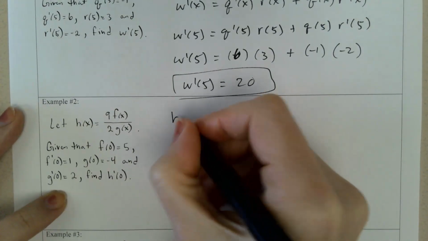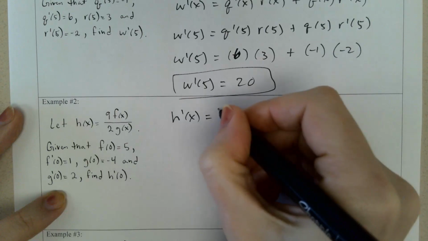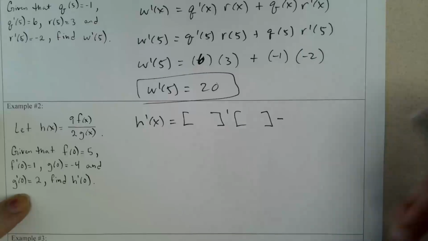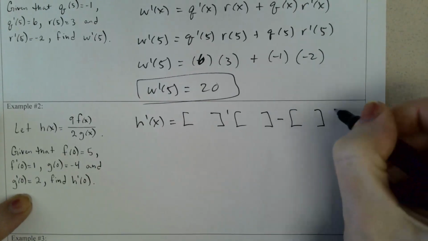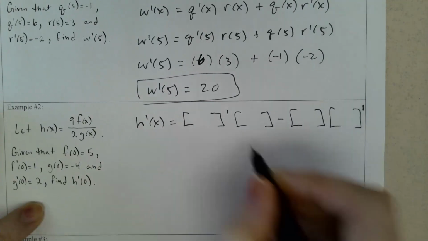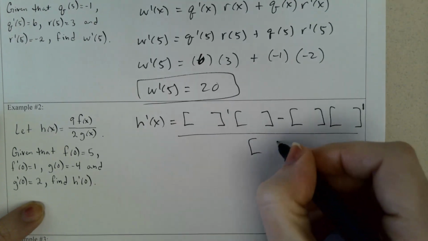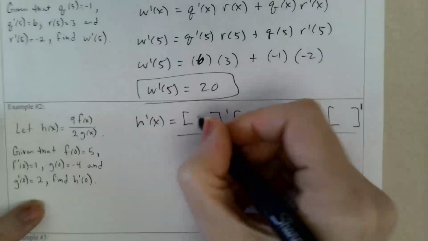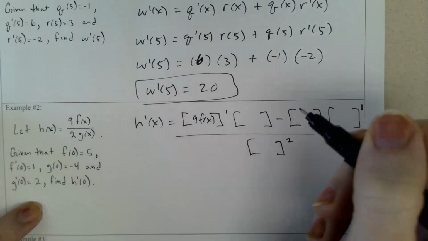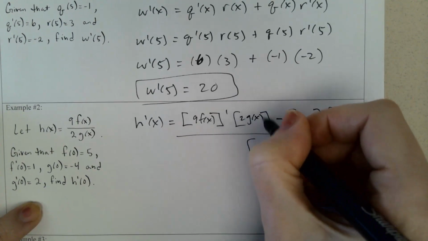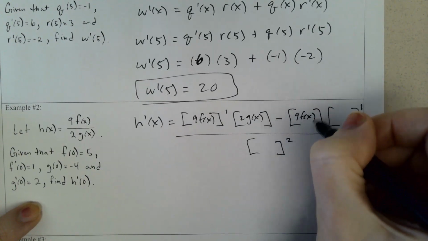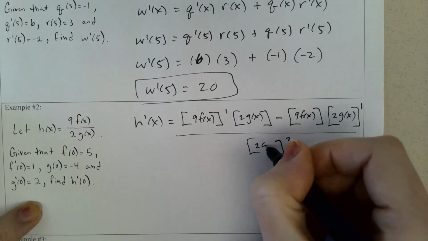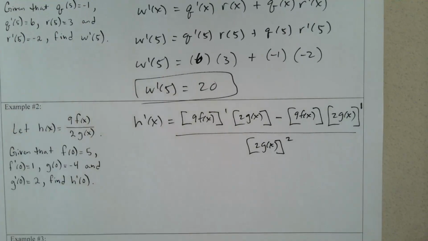This is a quotient, so we need the quotient rule. So bracket prime, bracket, minus bracket, bracket prime, all over bracket squared. 9f of x, 2g of x, 9f of x, 2g of x, 2g of x squared.